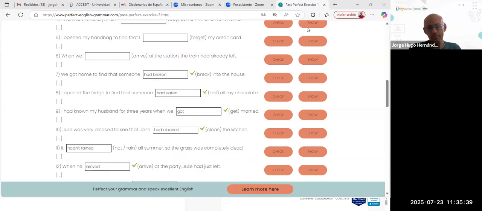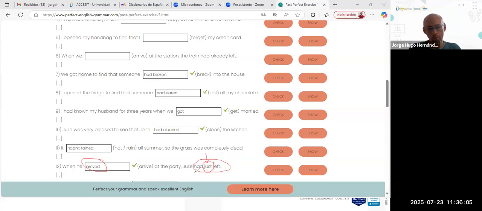Okay, and here we are mixing simple past and past participle, no? And here we find just, this just. Julie has just left. When we find this just, it means in Spanish, justo, ¿ok?